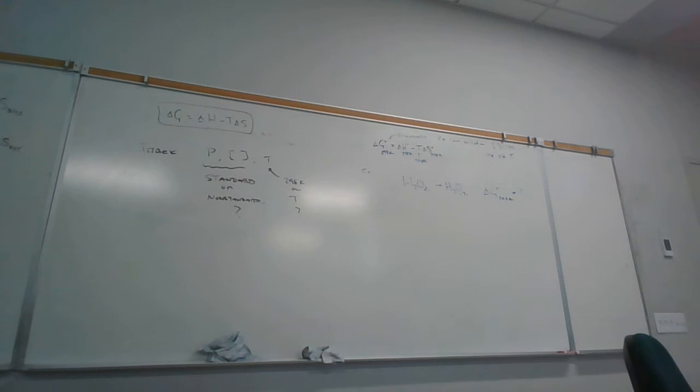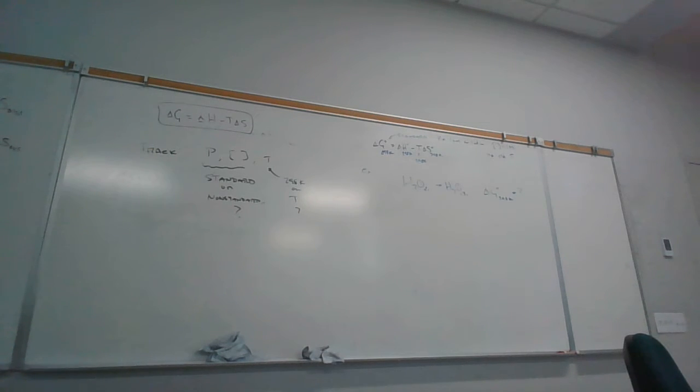One way we could do that, there are multiple ways, is we could figure out what delta H is, and then delta S. We can use the delta H of formation, which is the first column here, and then the absolute entropy, which is the third column here. So let's go to H2O liquid and H2O gas.